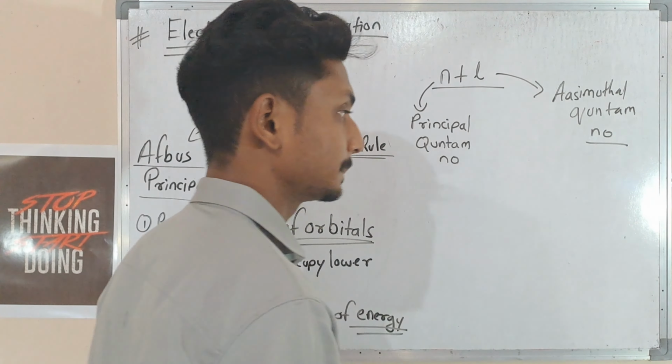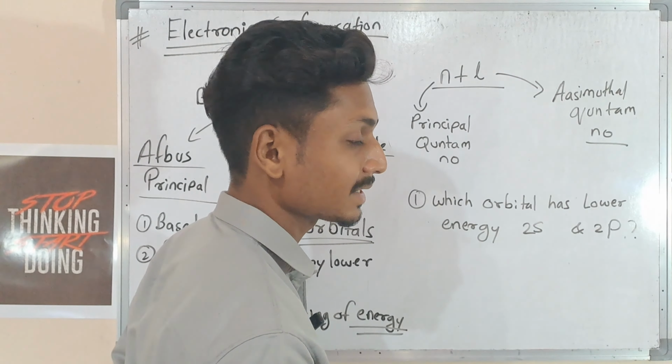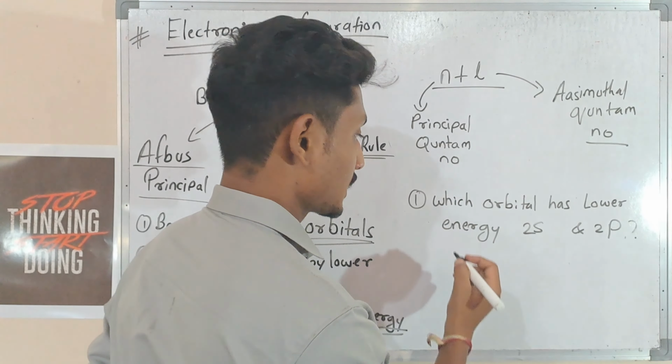First question is, which orbital has lower energy, 2s or 2p? By this rule, we can find which orbital has lower energy and which has higher energy.